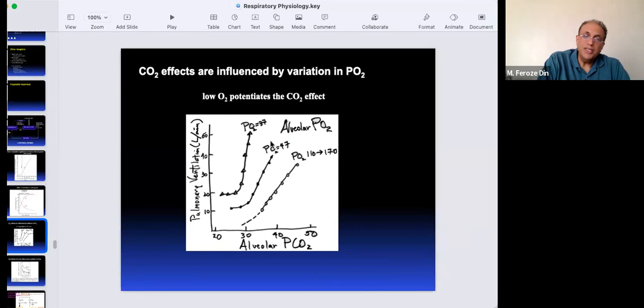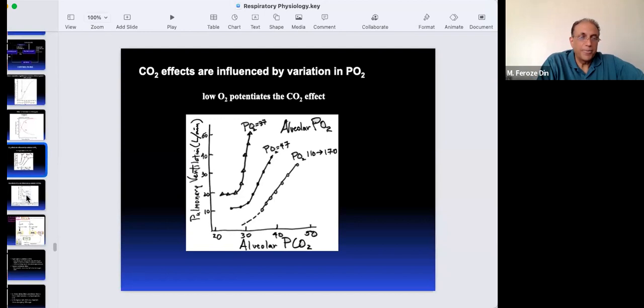But if the oxygen is lower, you find the effect of carbon dioxide is potentiated. So if there is pre-existing hypoxia, the effect of hypercapnia on ventilation is heightened. They work hand in hand. Both a low oxygen and a high carbon dioxide are strong stimulants for respiration.